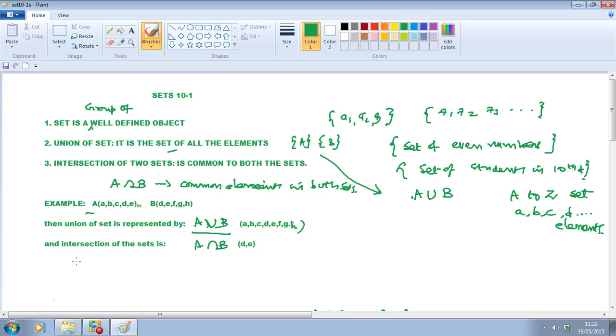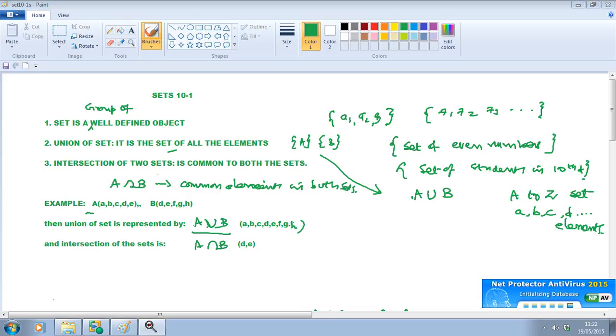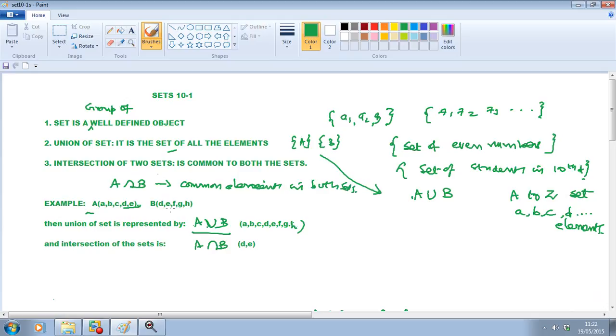What is the intersection of the sets? A intersection B. What are the common elements in A and B? You see D and E are common in both sets. So the intersection of sets A and B is equal to {D, E}.